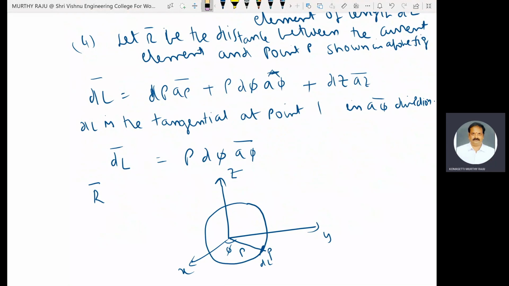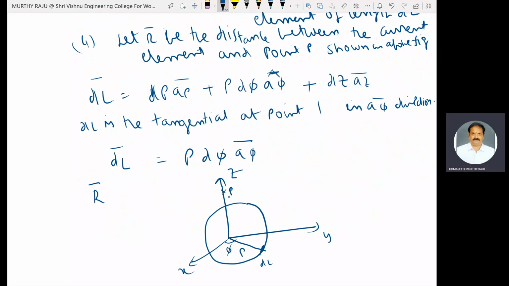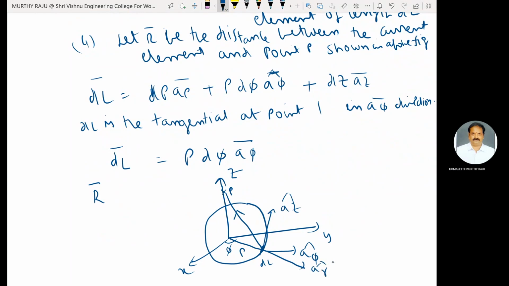Here are a phi, a z, and a rho, not R, a rho.